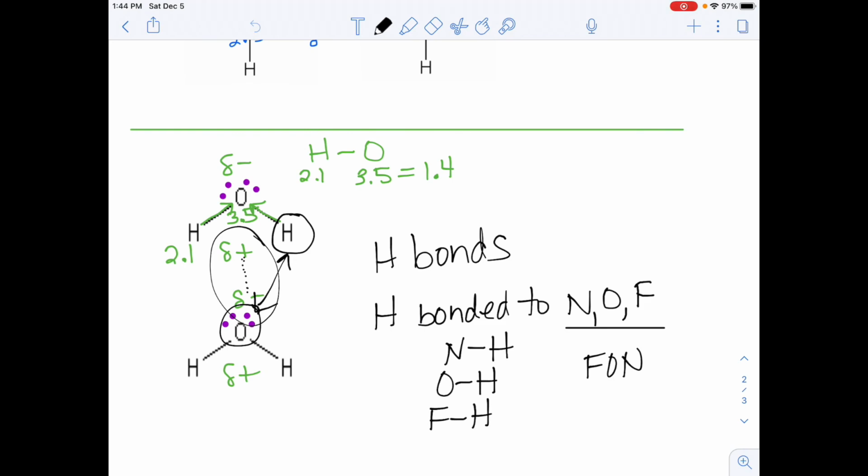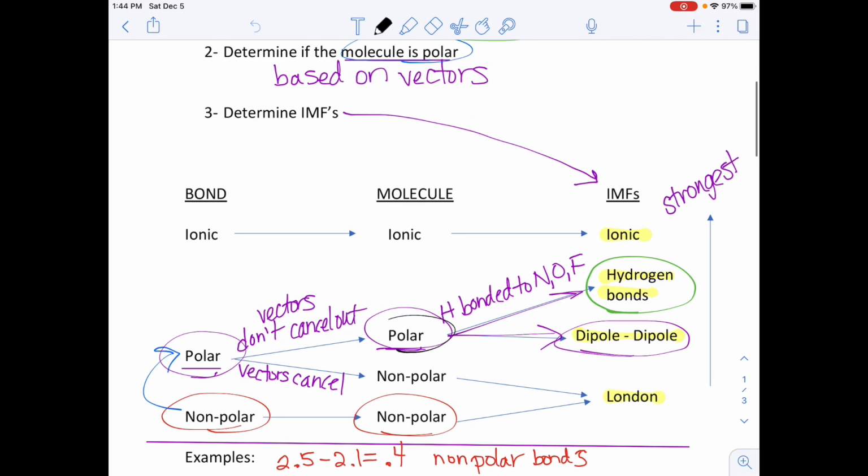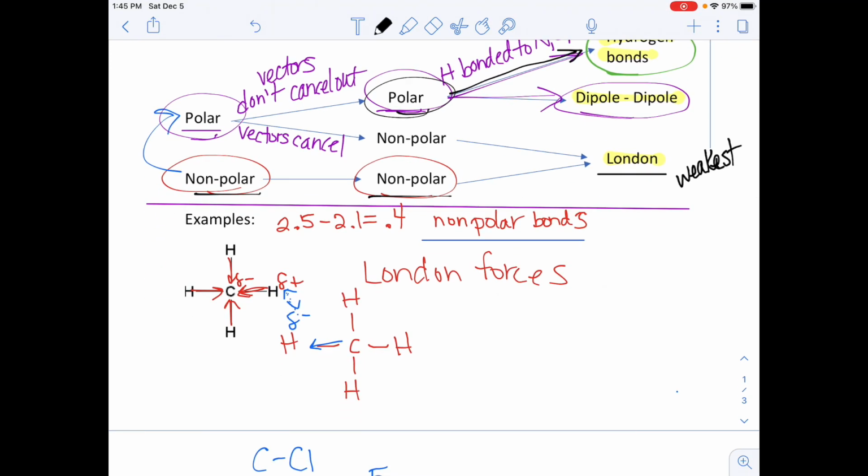So a special case of dipole-dipole is anytime you have a polar molecule. However, what makes it more special is you have that hydrogen bonded to nitrogen, oxygen, or fluorine. So just to review here, if you have a nonpolar bond, you automatically have a nonpolar molecule which has the weakest London dispersion forces. And that's because there's just these temporary dipoles as the electrons are moving around.